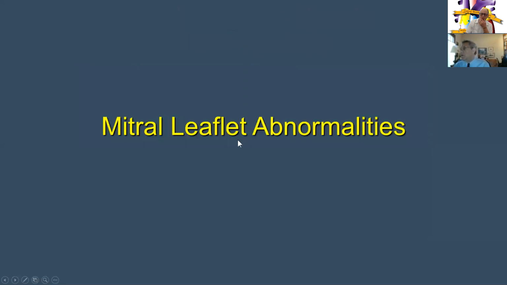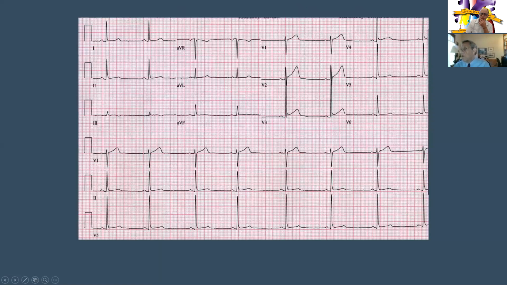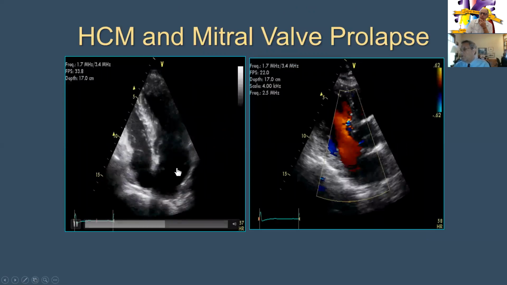Next is a patient with mitral leaflet abnormalities. 51-year-old gentleman with stress-related chest pain, shortness of breath, and palpitations. His electrocardiogram was normal. Turns out he had some evidence for posterior leaflet prolapse and mild systolic anterior motion.